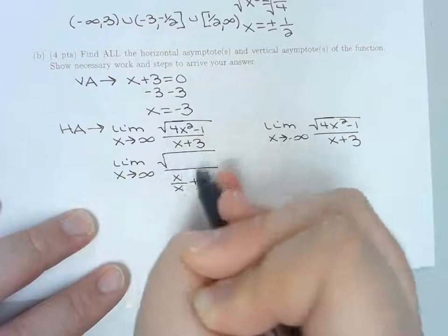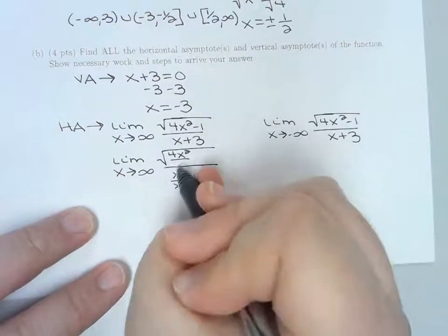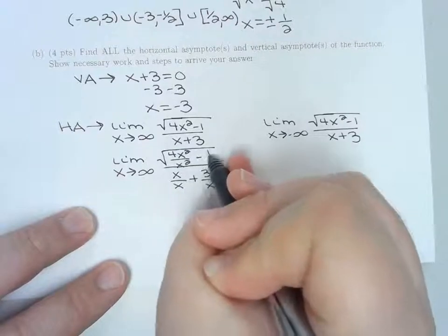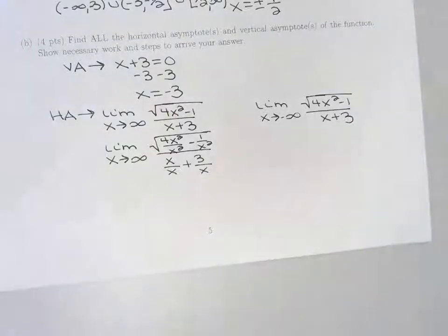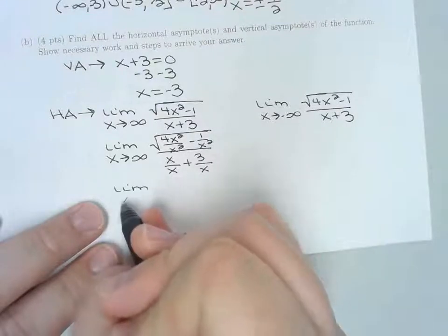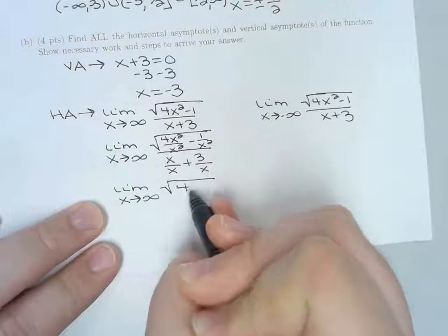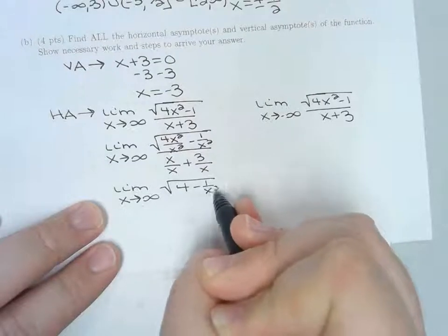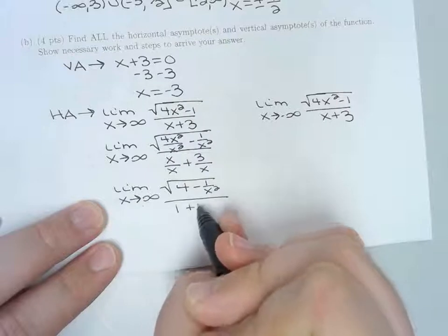And now I'm under the square root. So on the bottom it is x, but when I put it under the square root on top, it becomes x squared. So the limit as x goes to infinity of the square root of 4 minus 1 over x squared, over 1 plus 3 over x.